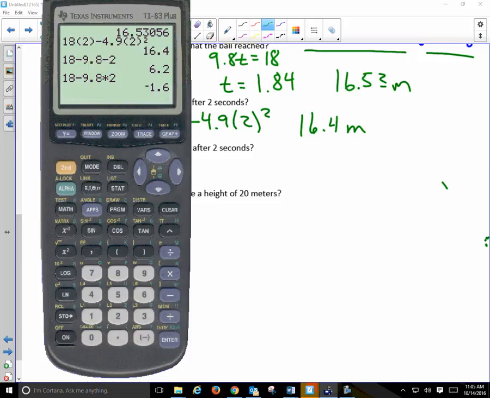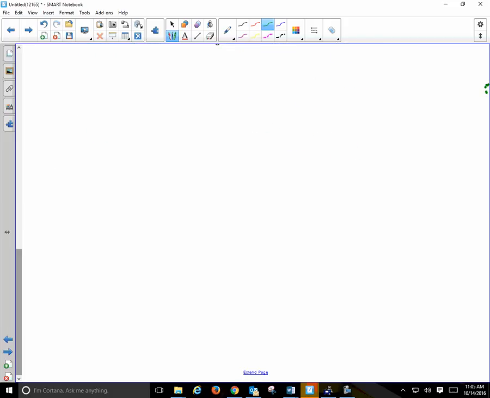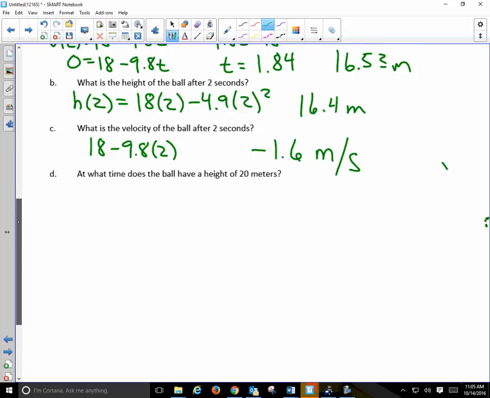Negative 1.6 meters per second. And at what time does the ball have a height of 20 meters?